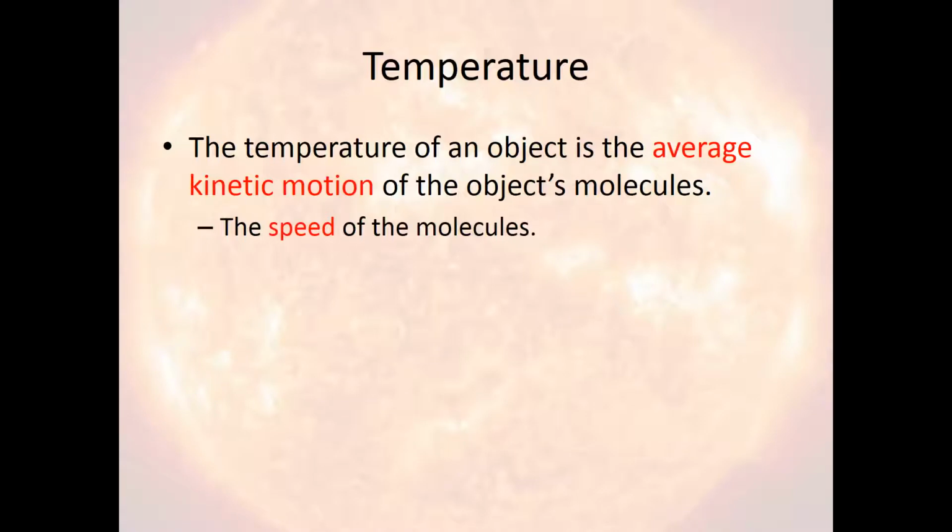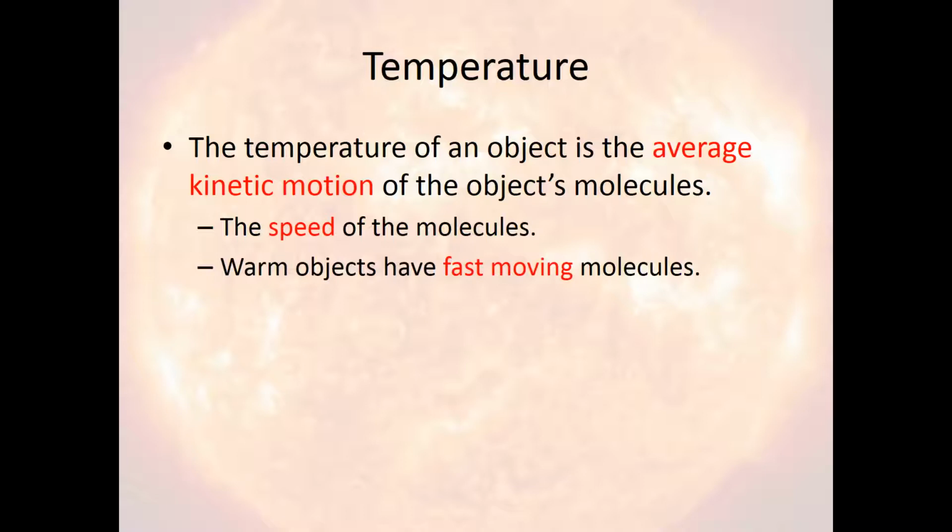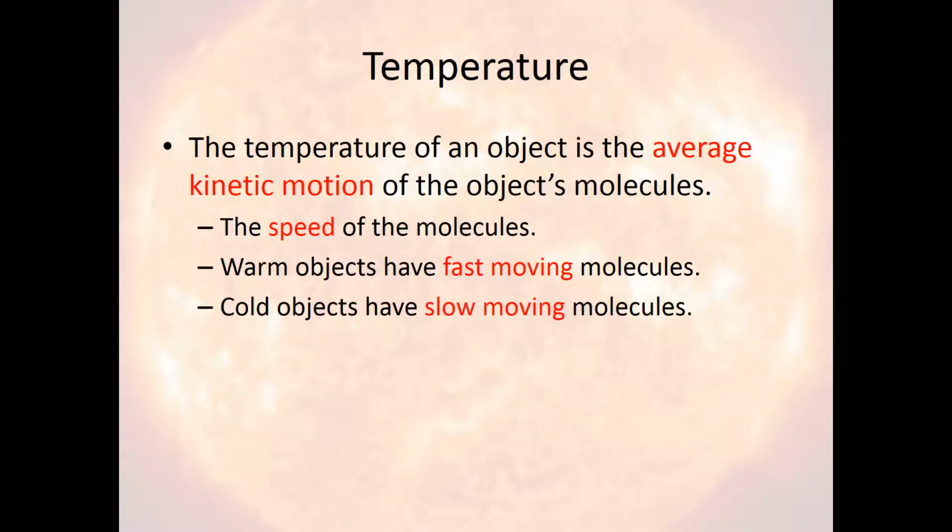Now with that said, the warmer an object is, the faster the molecules are moving. The colder the object is, the slower those molecules are moving. And this brings us to an interesting point. When we look at our own Fahrenheit scale, we know that there's negative temperatures. If you've ever been to the Midwest or northern Canada, you've probably experienced below zero temperatures.